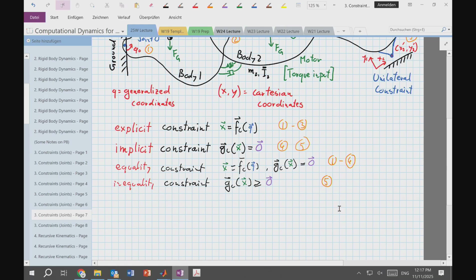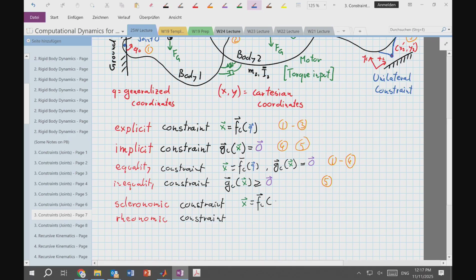Next classification are scleronomic and rheonomic constraints. Scleronomic means I have a constraint that is not explicitly time dependent.